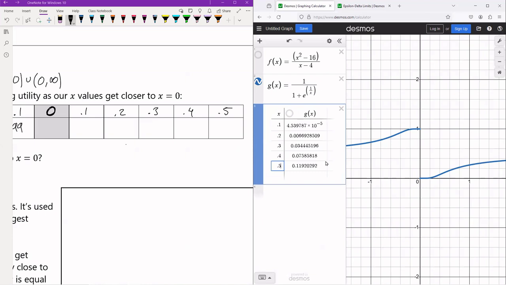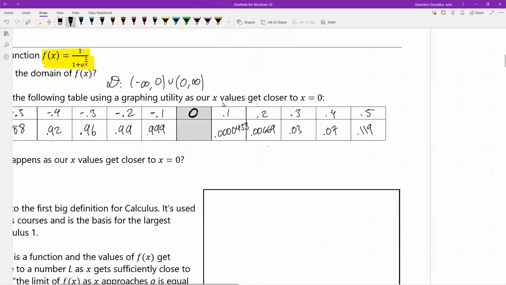Okay, this is going to be something very small. 0.0000453. 0.2 is going to be 0.000001.669. 0.3 is going to be 0.03. 0.4, 0.07, and then 0.5, 0.119.